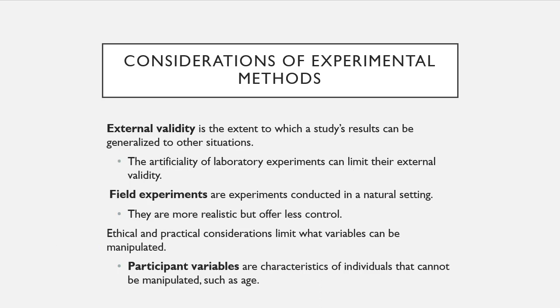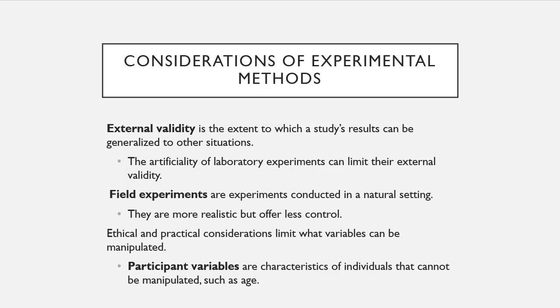So external validity is the extent to which the results of a study can be generalized to other situations. When we have an experimental design, and I mentioned this earlier, and it's done in a laboratory type setting or another highly controlled setting, we're aiming for internal validity.